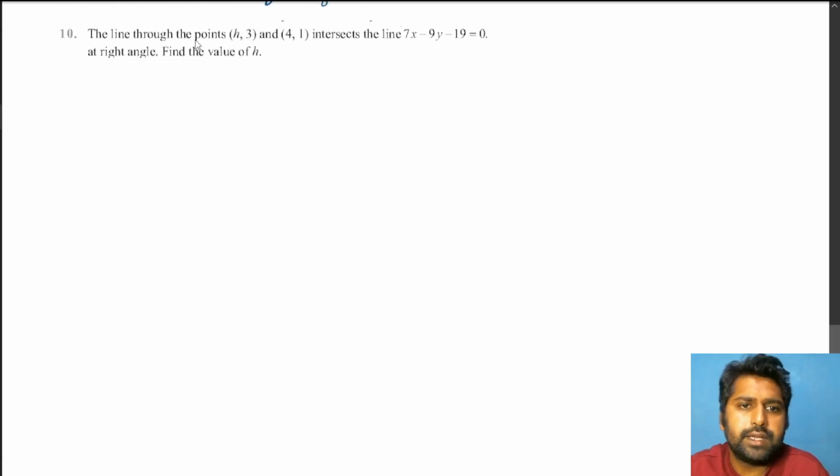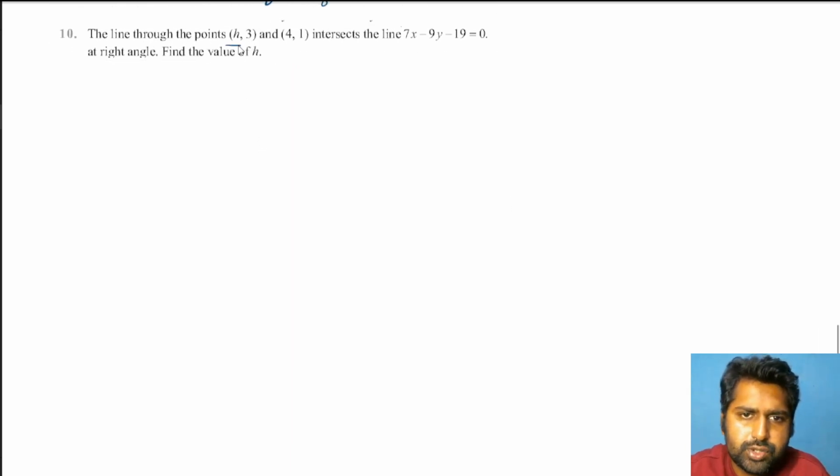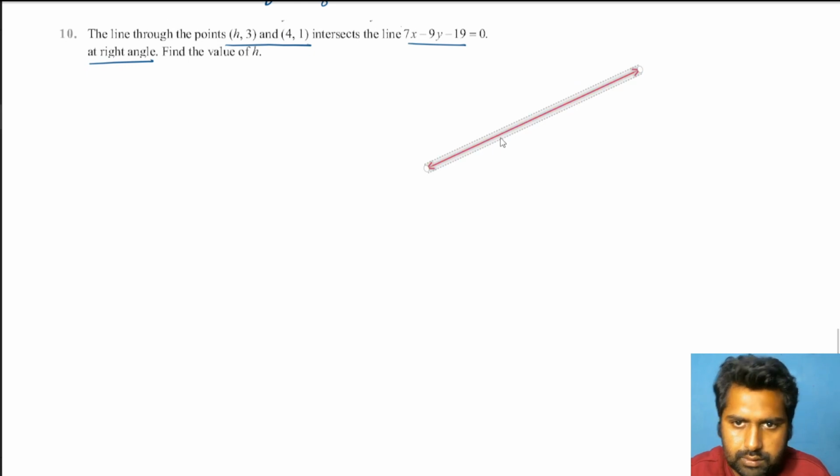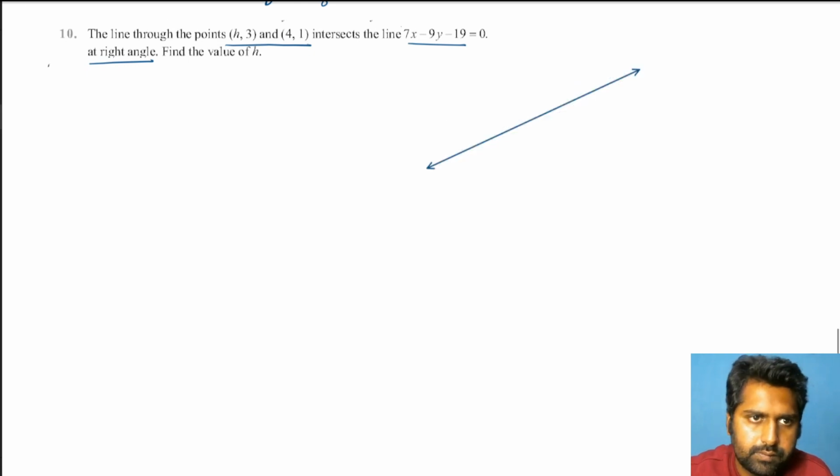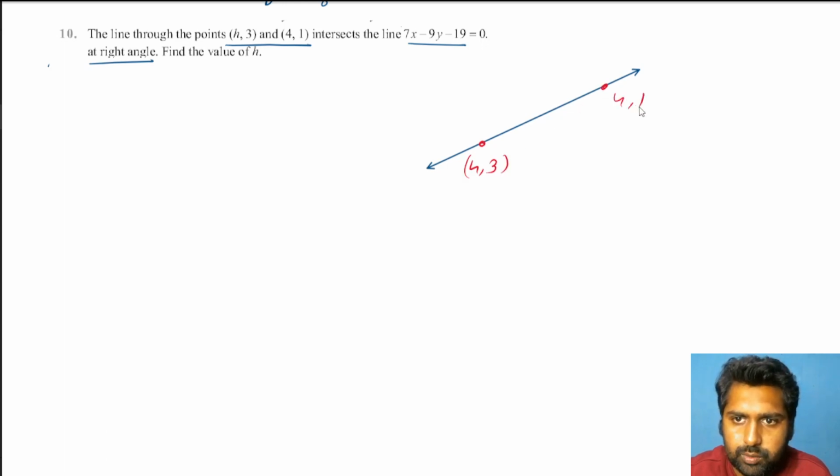It's saying the line through these 2 points intersects this line at right angle. Again, he's saying that there are 2 points on a line, h comma 3 and 4 comma 1, and it intersects another line at right angle.